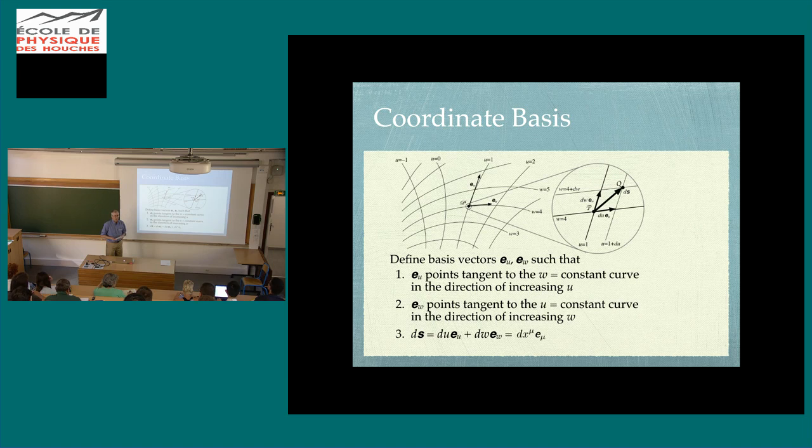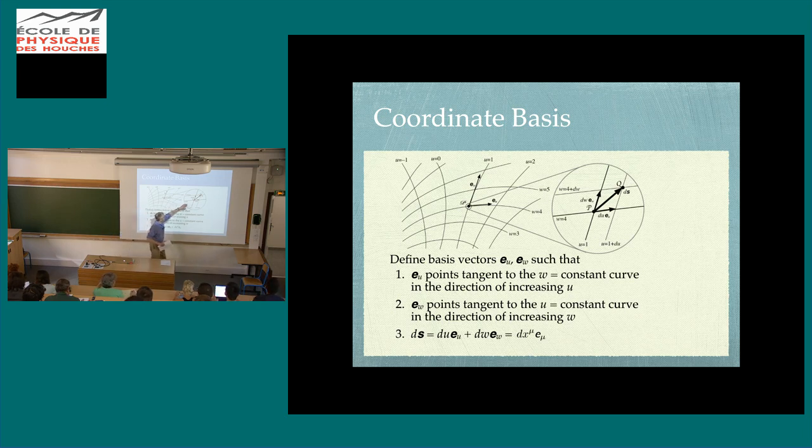And this only works, even in flat space, with weird coordinate systems like this if we're talking about a differential displacement. Because you can see that the directions of the basis vectors are going to change as you move from point to point. So if you go too far, your basis vectors are changing out from under you and you aren't getting an accurate representation.